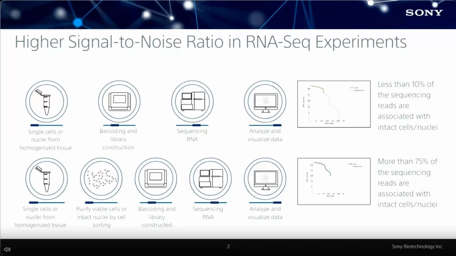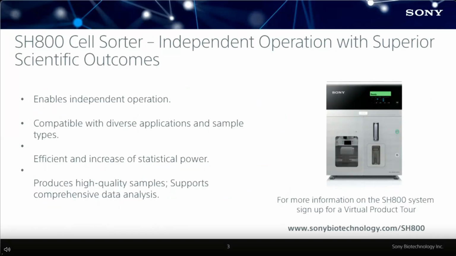This suspension is then directly utilized for barcoding and library construction, followed by RNA sequencing, data analysis, and visualization. In a scenario without cell sorting, less than 10% of the sequencing reads are associated with intact nuclei and cells. Contrasting this, when researchers introduce an additional step of using a cell sorter to isolate populations of interest, over 75% of the sequencing reads are associated with intact cells and nuclei.